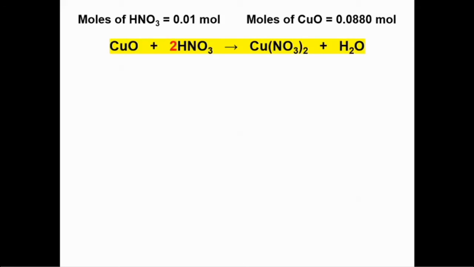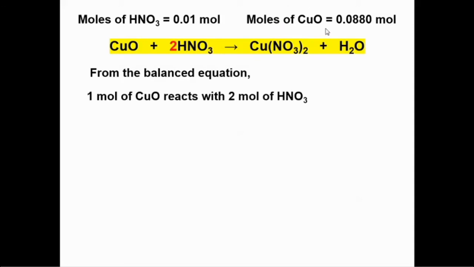Based on the balanced equation from what we did in question A just now, here I'm going to start with copper(II) oxide. Actually, if you don't want to start with copper(II) oxide, you can also use nitric acid. At the end of the day, we are going to get the same answer. But for this question, I'm going to use copper(II) oxide as the starting reactant.